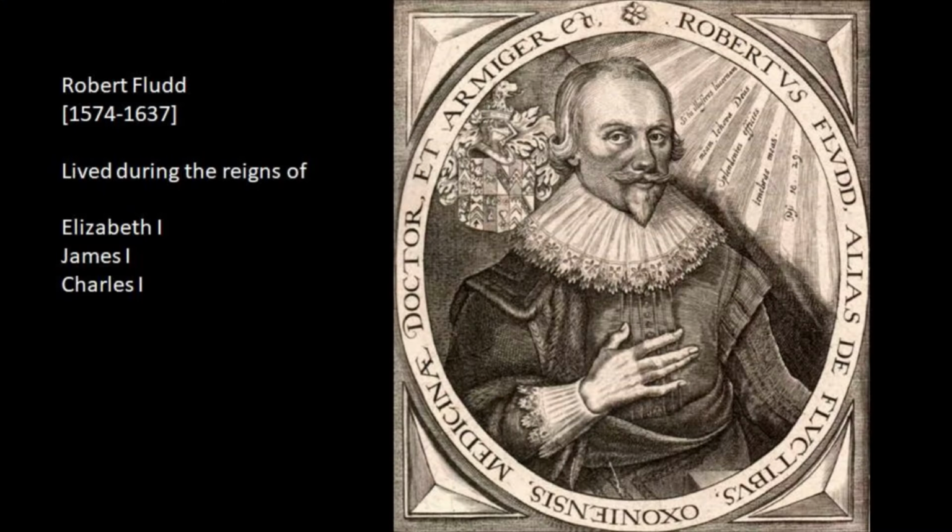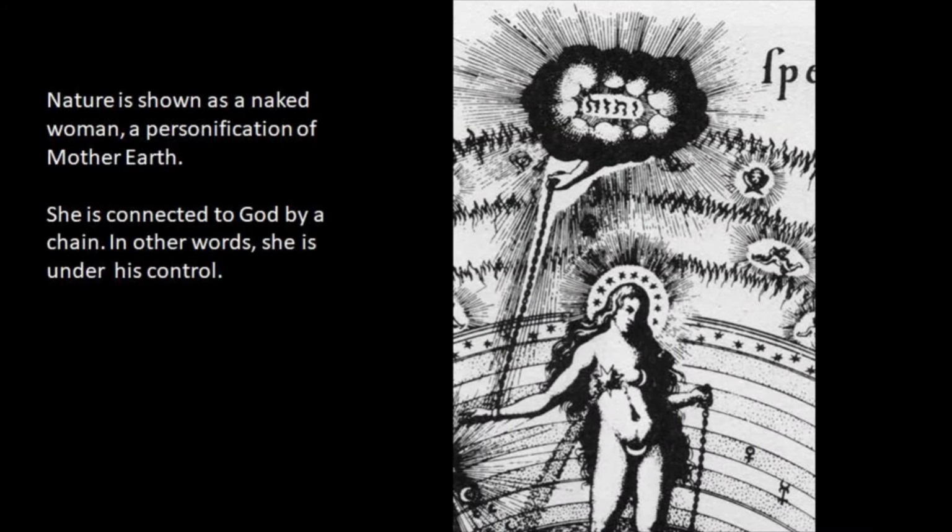And I understand from that this is how the electric universe works, and it's what has been hinted at way back by Robert Fludd in his diagram of God with his chain going down to the wrist of Mother Earth, nature.